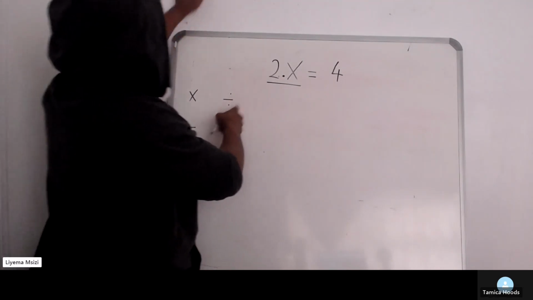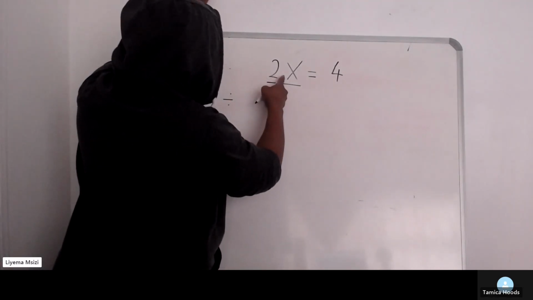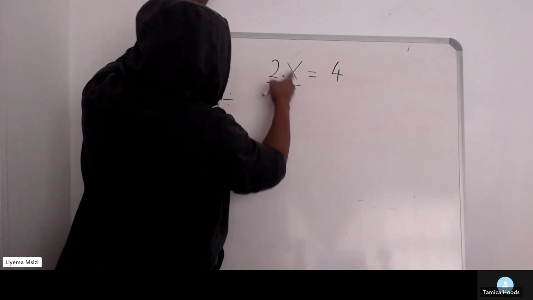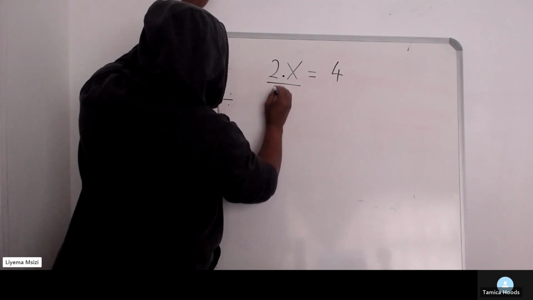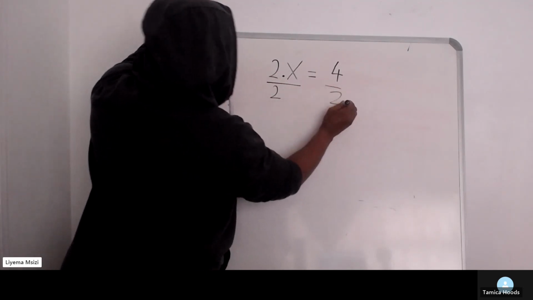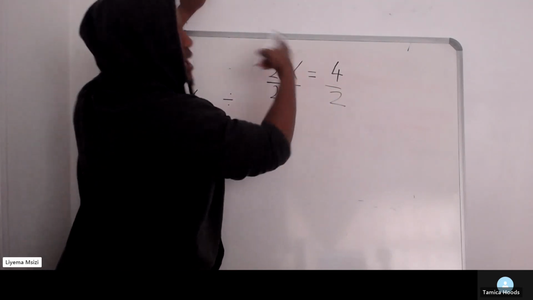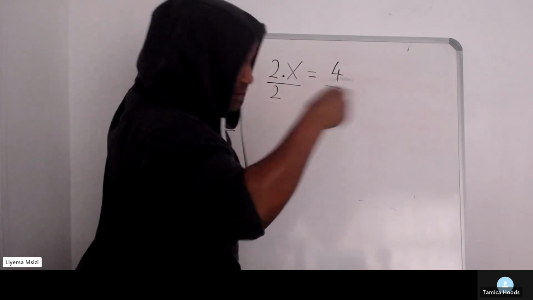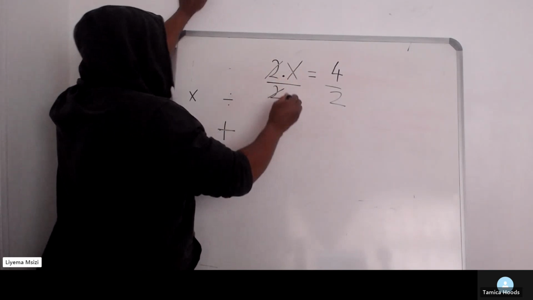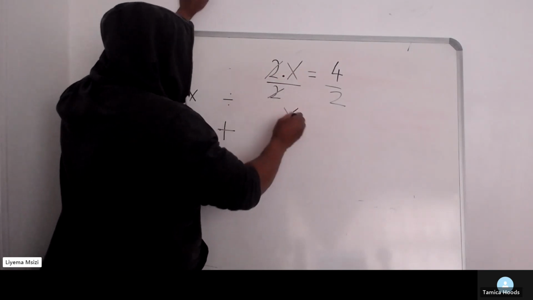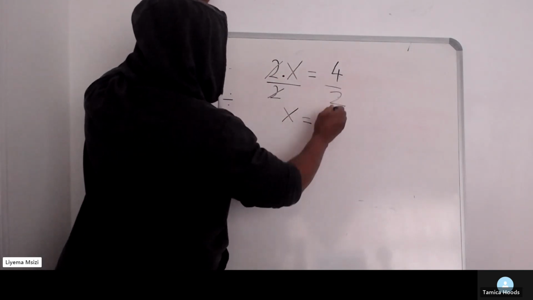Since this is multiplication and I don't need 2, what do I have to do with the 2? I have to divide, because the inverse or the reverse of multiplication is divide. 2 and 2 cancel. On the left, I'm going to be left with x equal to 4 divided by 2 equal to 2.